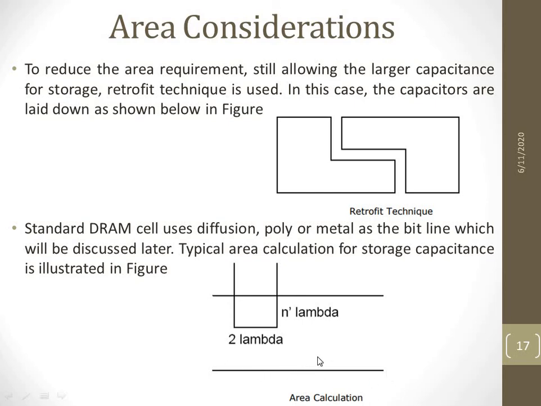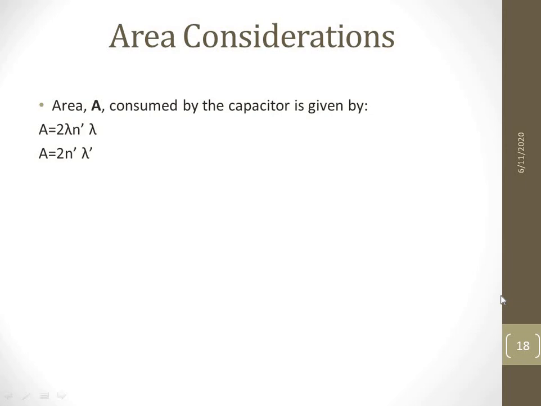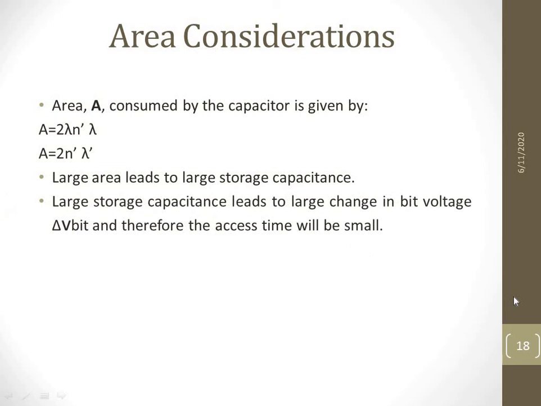If the length is N dash lambda and the width is 2 lambda, the area A consumed by the capacitor is given as 2 lambda times N dash lambda, or 2 N dash lambda squared. Large area leads to large storage capacitance.